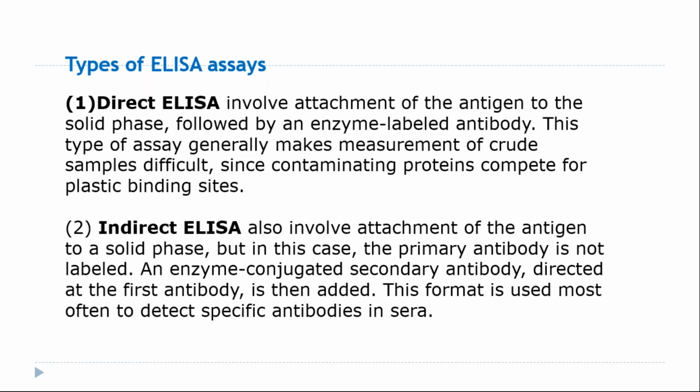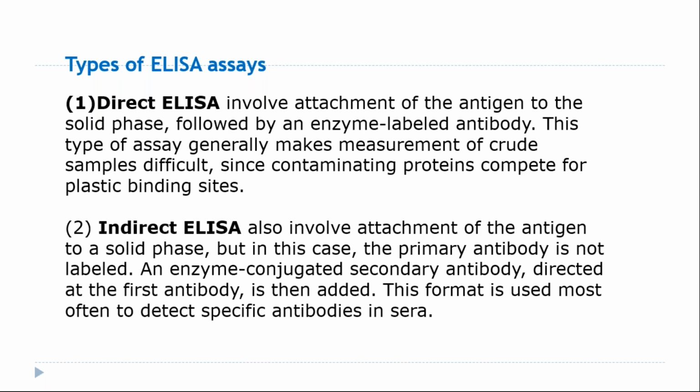So in the ELISA, which are the plate formats, not the strip formats, ELISA can be divided into direct ELISA and indirect ELISA. In direct ELISA, the antigen or the analyte is bound to the solid phase, and then you add an enzyme labeled antibody, wash off all the unbound, and then supply the substrate.